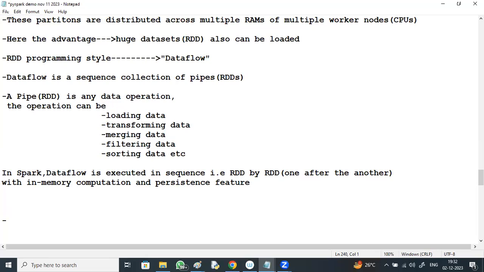What does the persistence feature mean? If you are persisting any output, it will remain in the RAM, and any other flow which requires this output can reuse it. So this persistence, this in-memory computation, RDD computation, I'll discuss with some examples now.